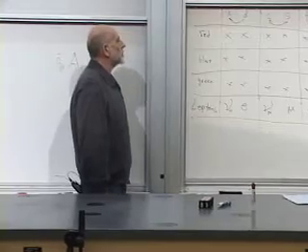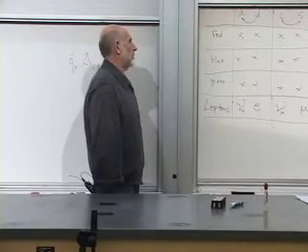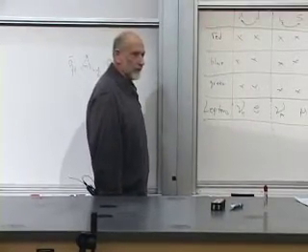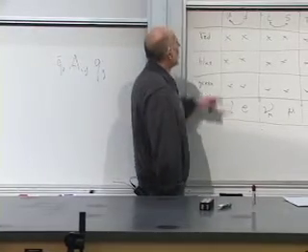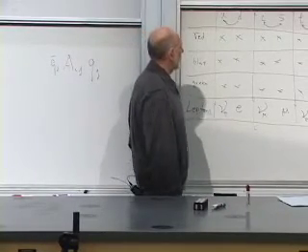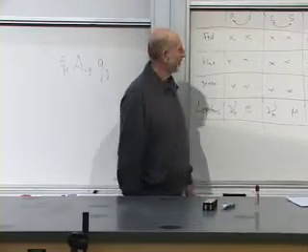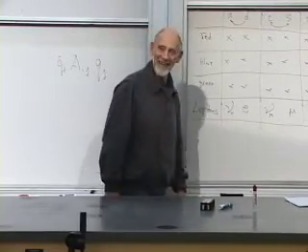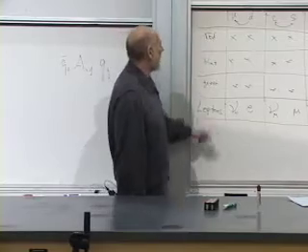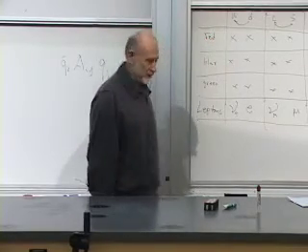So we could start by saying, let's look at the possibilities of gauge bosons which have the properties of a particle and an antiparticle.